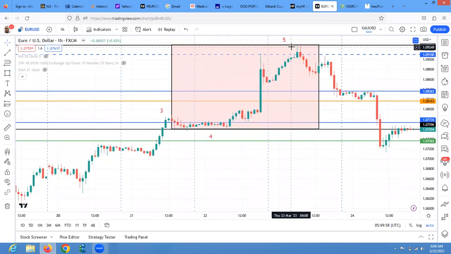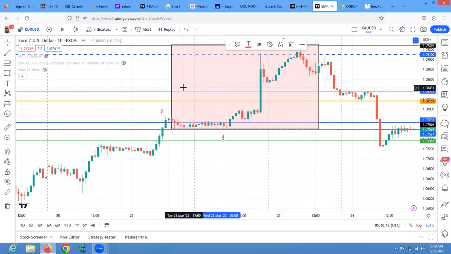Now, within the structure of 5, this one is completed 3, and to have done a 4. Within that structure of 5, we want to break this 5 down.